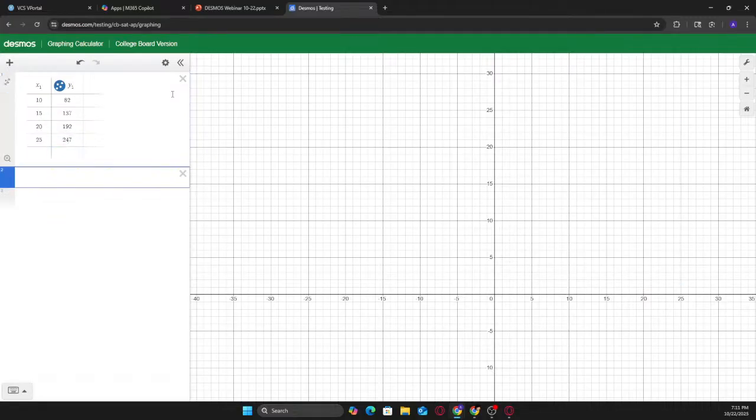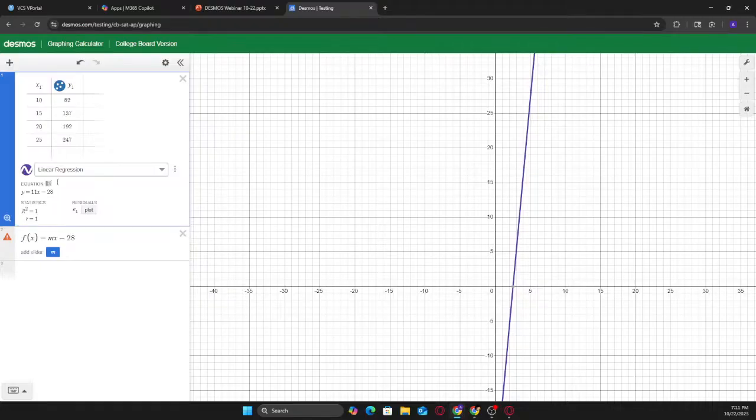And then we are given that f of x equals mx minus 28. It asks for the value of m. So we're just going to run a regression, and off the bat we can tell that y equals 11x minus 28. That's corresponding to that. We can see that m and 11 are corresponding, so the answer is already 11.